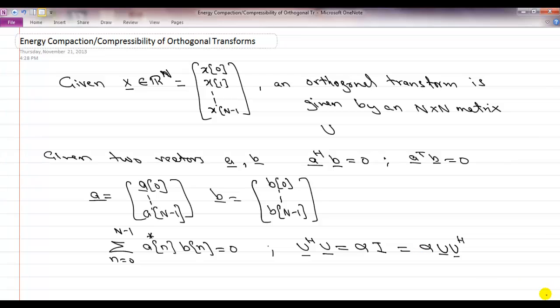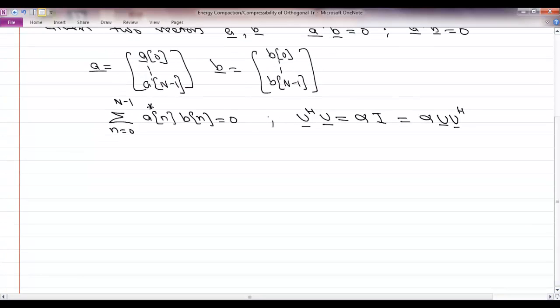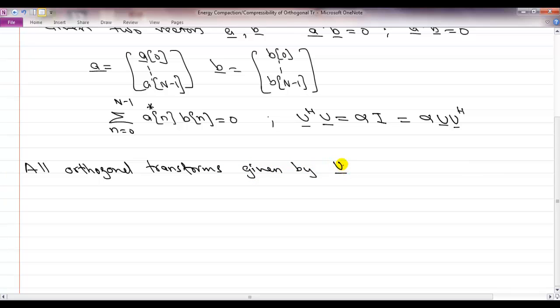So you have a problem given in the assignment, but I'll effectively prove that here too, which is that all orthogonal transforms given by U Hermitian U equals alpha times identity have a Parseval's relationship.